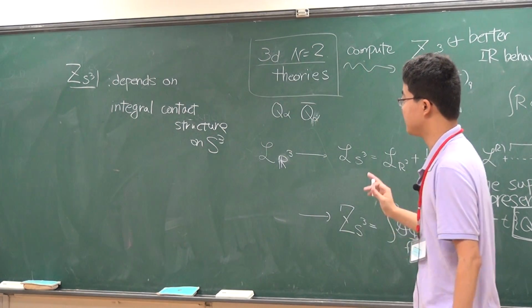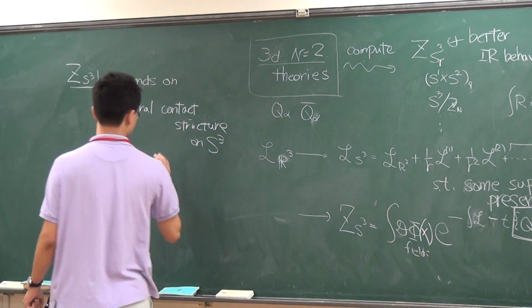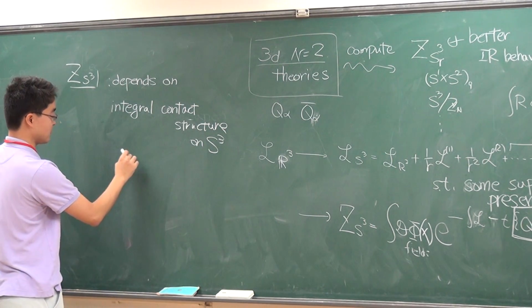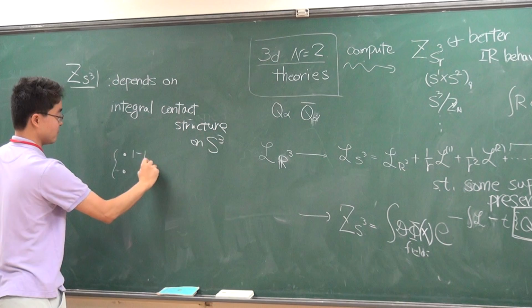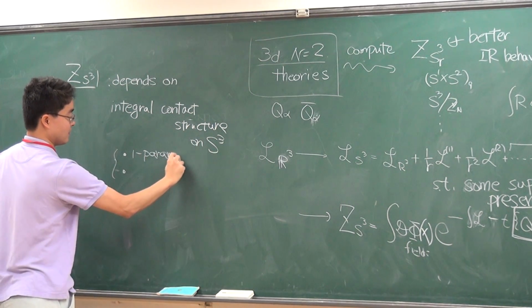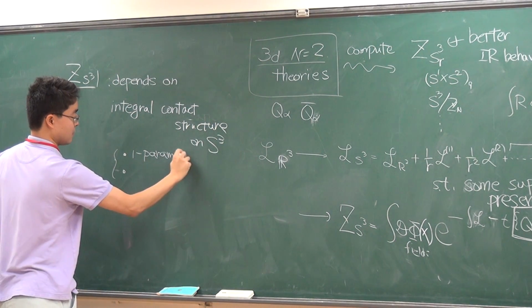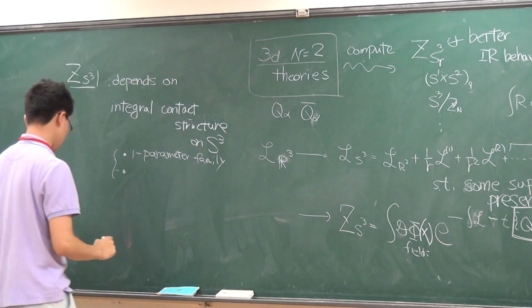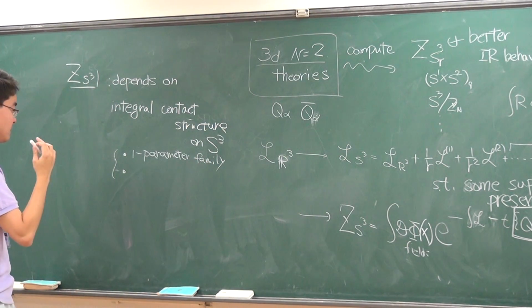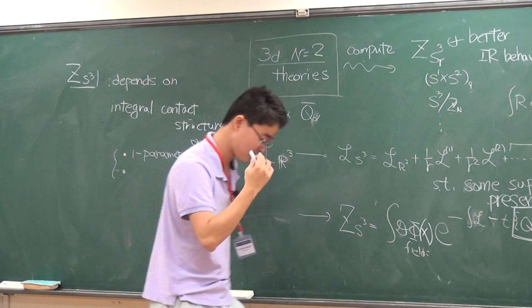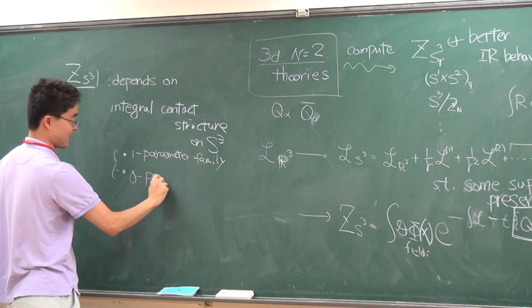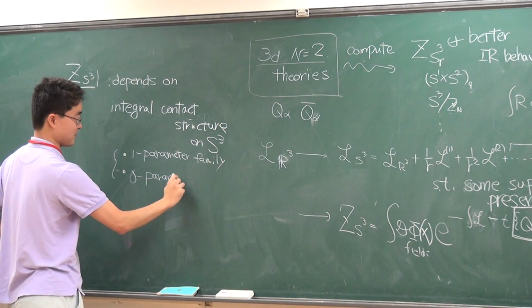And people have studied this structure on S3. As far as I know, there are two such things. There's a one parameter family, which is discussed in the paper by Dimitrescu, Festucha, Croce, Komagovsky. And then there's another thing which is a zero parameter family, like a point.